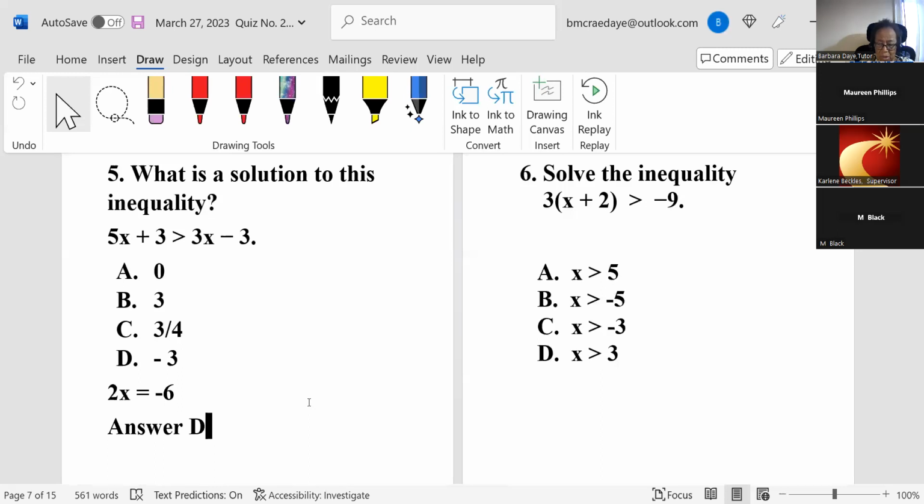Well, in order to get your variables on the same side, and we want our x's on the left, you have to subtract the 3x, right? Because we want the variable x on the left. So that's why you subtract 3x from 5x, you get a 2x. Now to get your constants together, to get the 3 with the -3, you subtract the 3, -3, -3, -6.